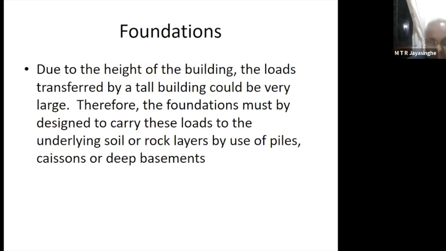And last time I told you, you can download the paper on delayed ettringite formation and all the solutions that you need on the concrete technology by typing M.T.R. Jayasinghe DEF, and it was authored by Engineer Nuwan Senaka Wanikaratna and Myron.